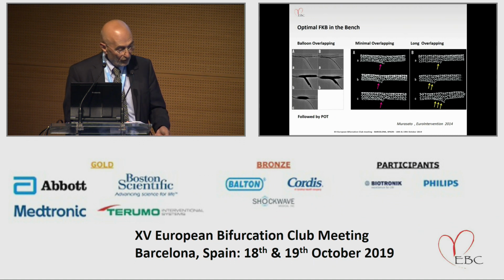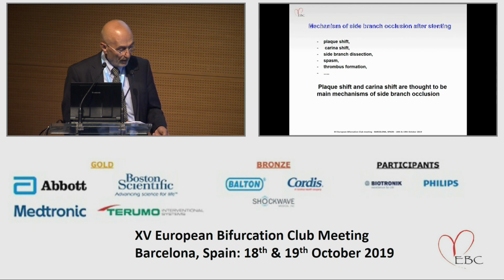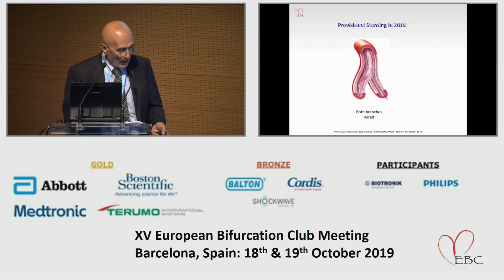That means minimal overlapping should be followed, and then this should be followed by POT. But if we look at the mechanism of side branch occlusion after stenting, it is not the strut of the stent in front of the ostium, but plaque shift or carina shift, side branch dissection, spasm, or thrombus formation. And I think not all these situations can be treated just with kissing balloon.